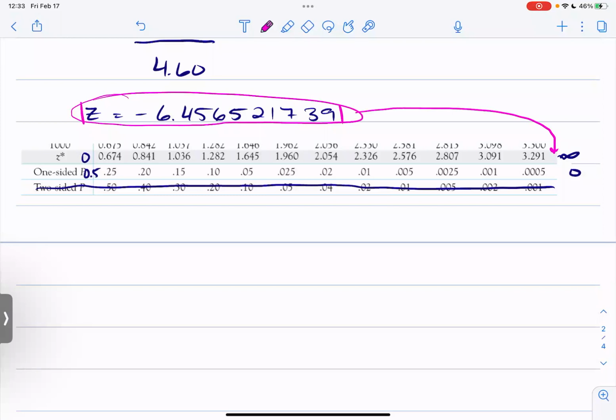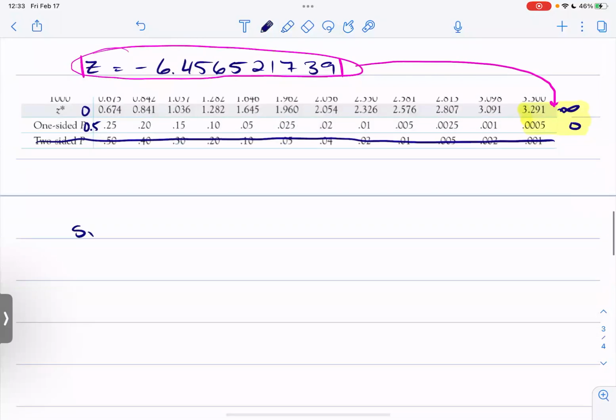And so these guys are the ones that I'm interested in. So how do I write that? I'm always going to use this layout. I start in the center of my page and I write out the absolute value of Z equal to negative 6.4565. Let's stop there.